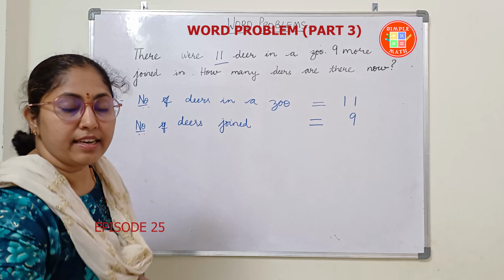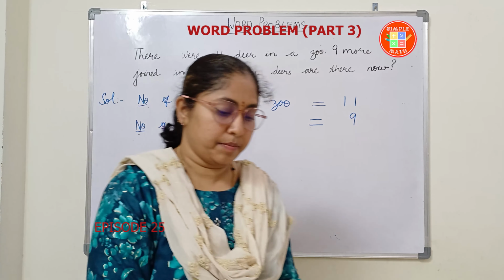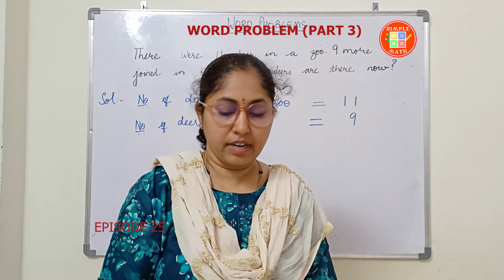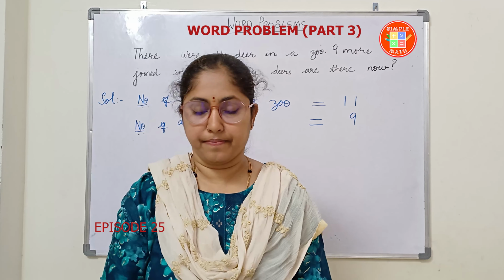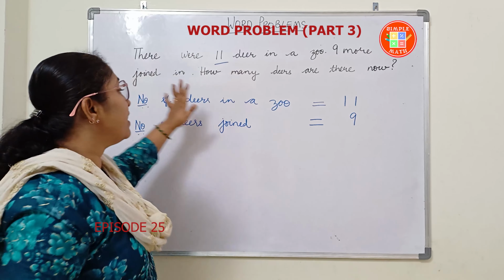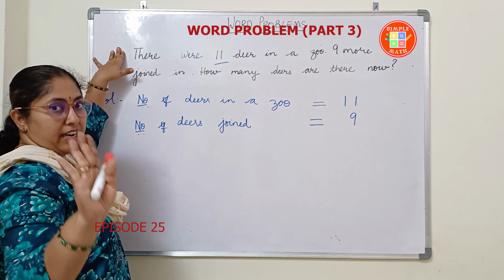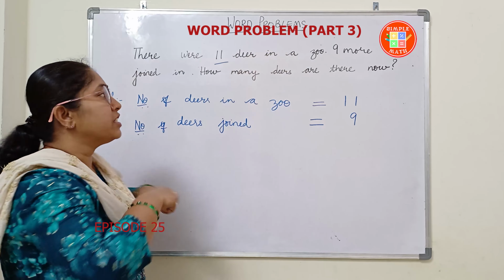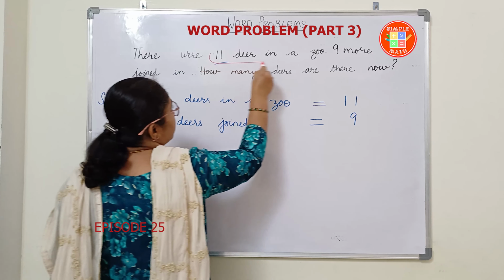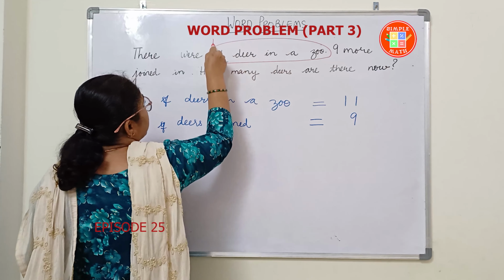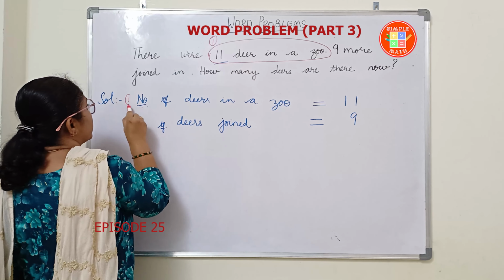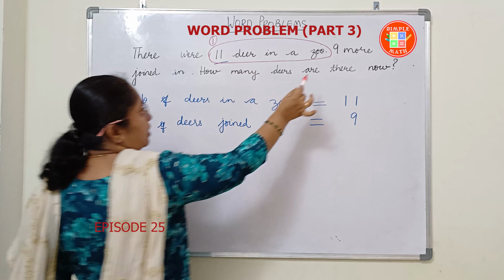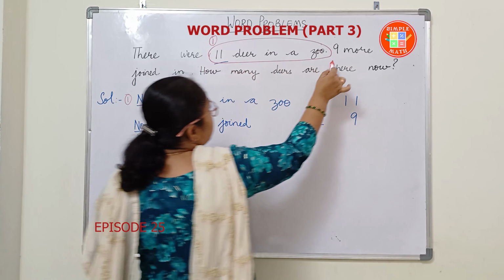See children, I'll explain it again. Red marker. So while reading the question, there were 11 deers in a zoo. This is the first statement. You can identify it as the first statement. 9 more joined in.